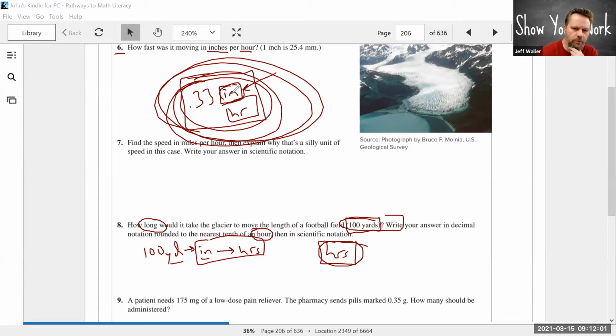So a lot of people were starting somewhere strange. You start with what you know. You know you want it to go 100 yards. That's what you write down first. So how would I go from yards to inches? You might have to take a step. Yards to feet, feet to inches.